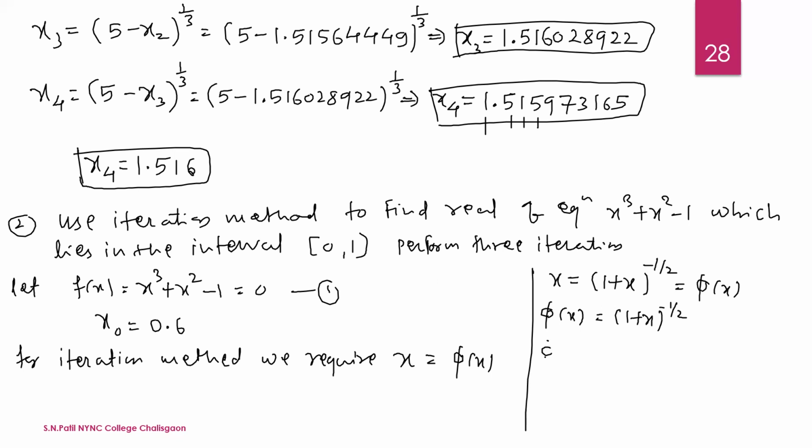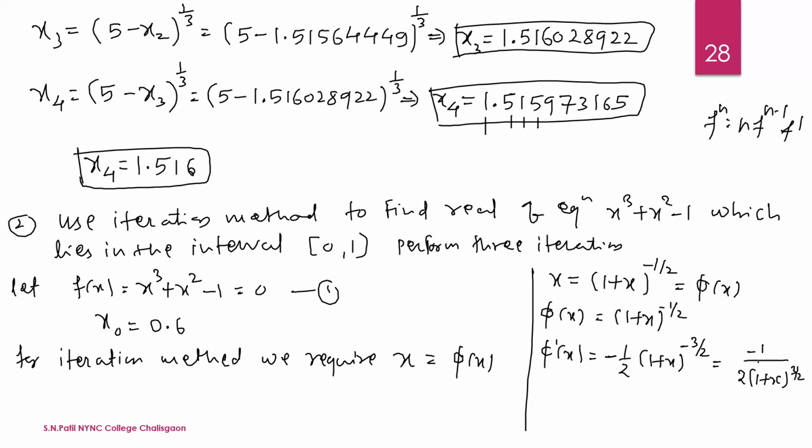Now differentiate: phi dash x is equal to minus 1 by 2, (1 plus x) raised to, since the derivative of f raised to n is n f raised to n minus 1 times the derivative of the function, minus 1 by 2 minus 1, that is minus 3 by 2, and the derivative of 1 plus x is 1. Now simplify, then we get minus 1 upon 2 (1 plus x) raised to 3 by 2.